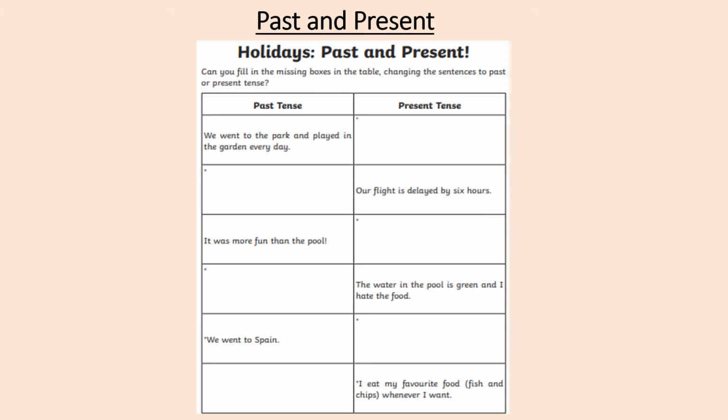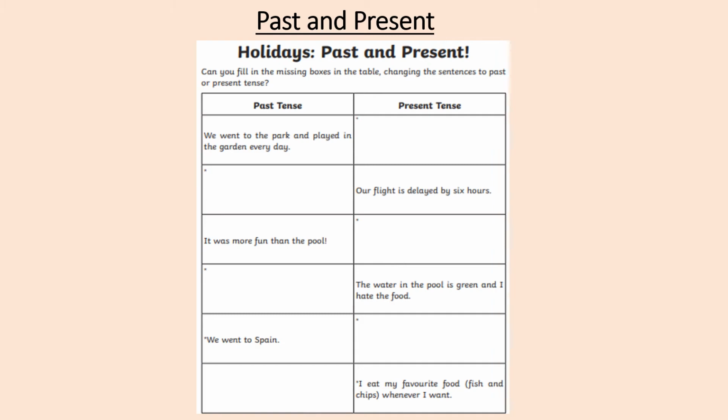So let's have a look at these sentences together. In the top one, in past tense, it says, we went to the park and played in the garden every day. So your job now on your piece of paper is to write down what that would be in the present tense. So we went to the park and played in the garden every day.